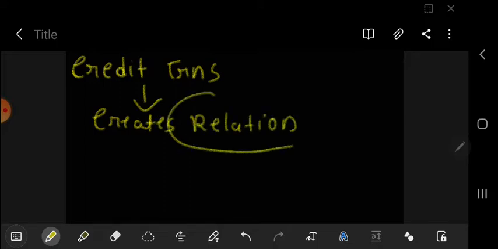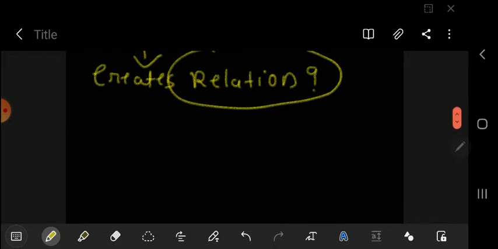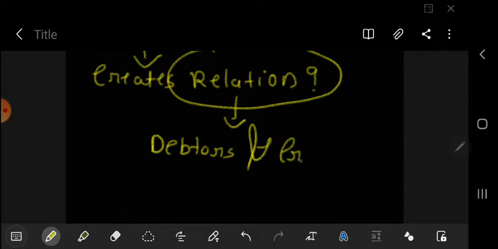creates relation, but with whom? Creates relation between whom? Credit transaction creates relation between the debtors and creditors. This is a very important thing, please be attentive.